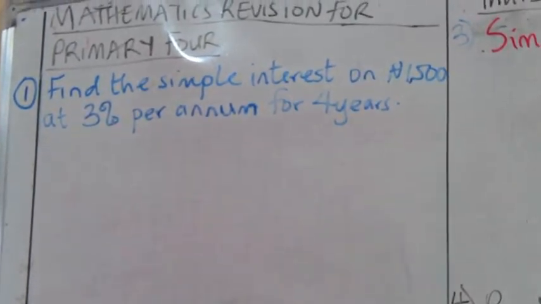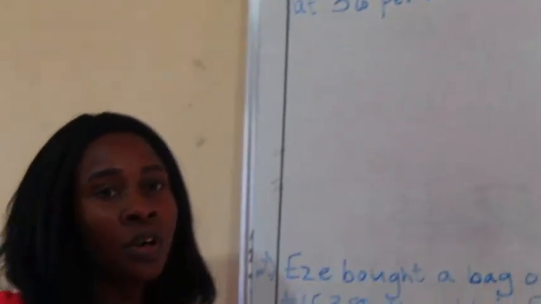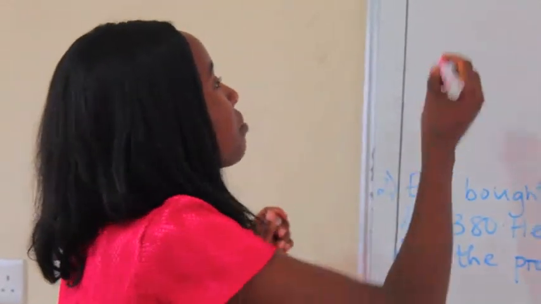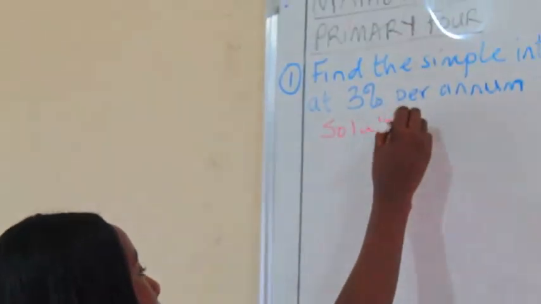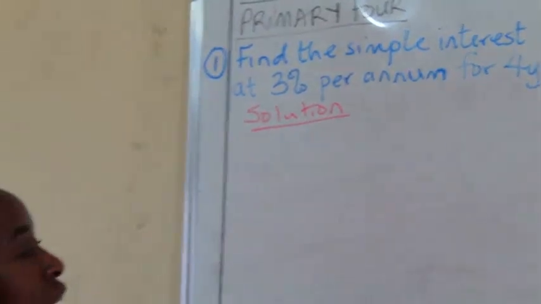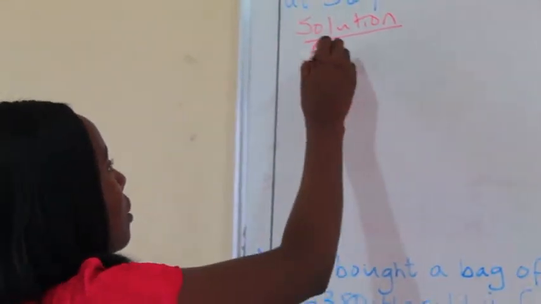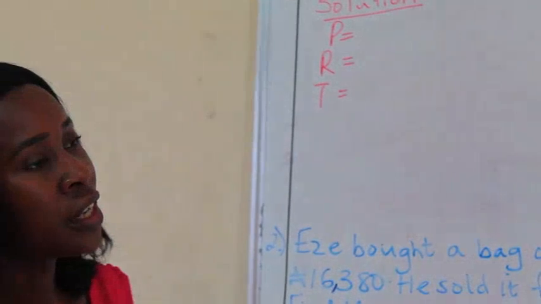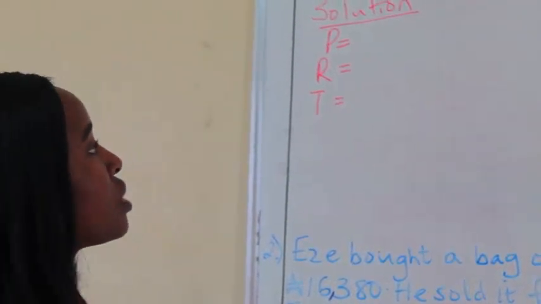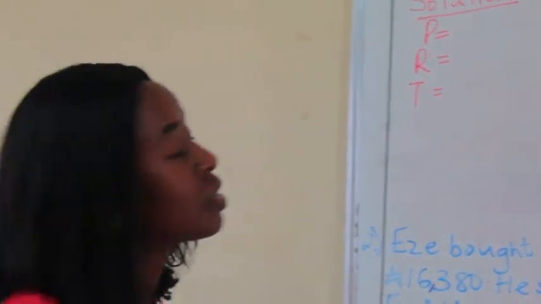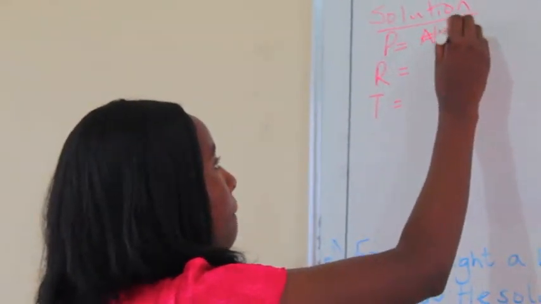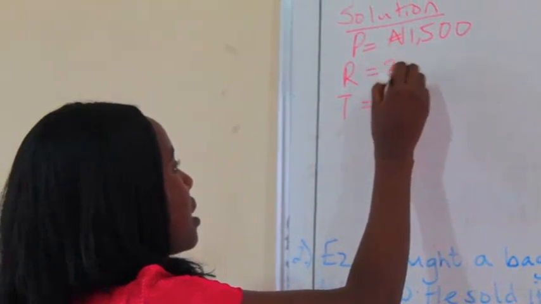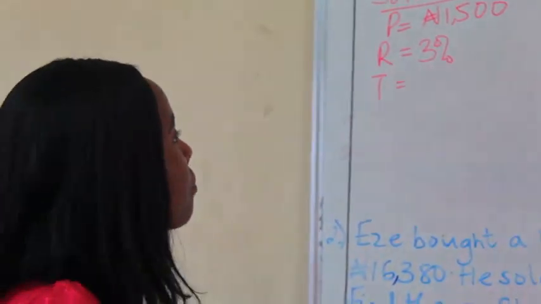And I'm sure you all remember that to find the simple interest on an amount, we need to write out our principal, our rate, and the time. From this question, the principal is the amount deposited, and the amount deposited here is 1,500 naira. And our rate, which is in percent per annum, is 3%. And the time is 4 years.